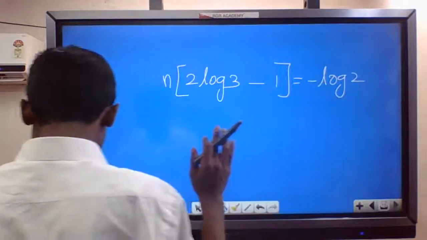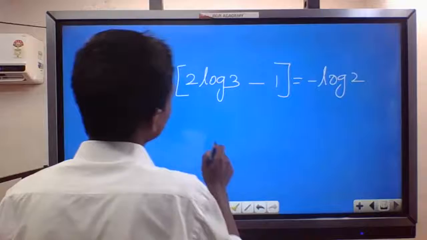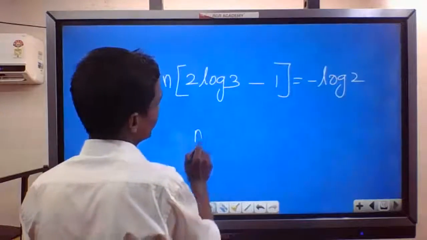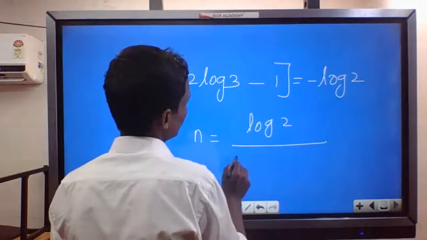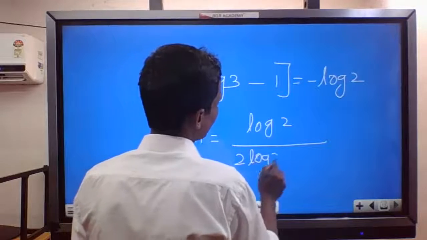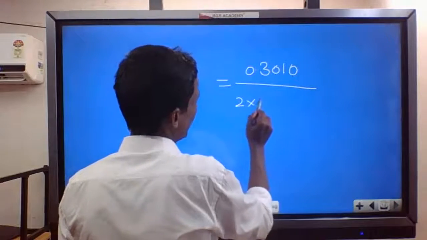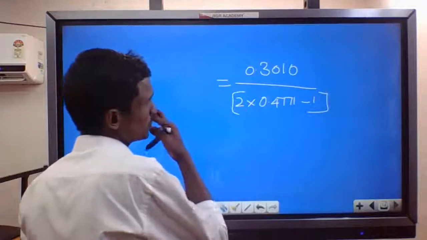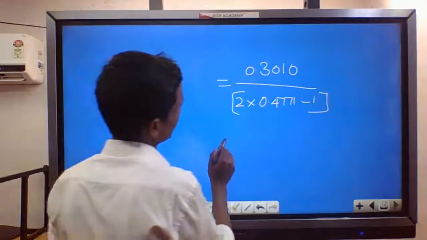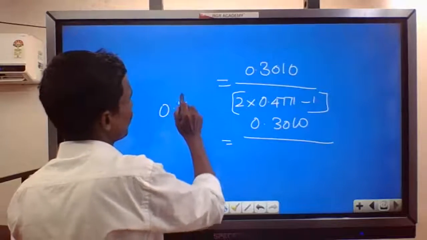Then n is equal to log 2 divided by (1 minus 2 log 3). The value of log 2 is 0.3010 and log 3 is 0.4771. So n is 0.3010 upon (1 minus 0.9542).